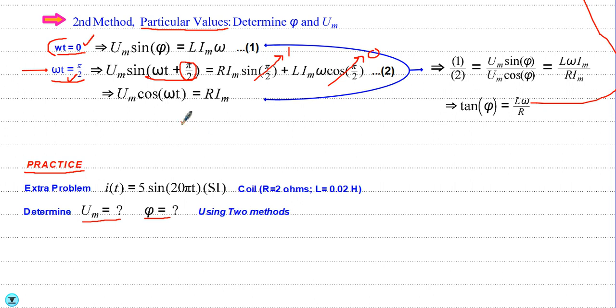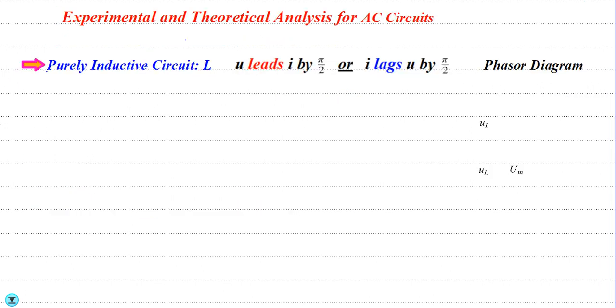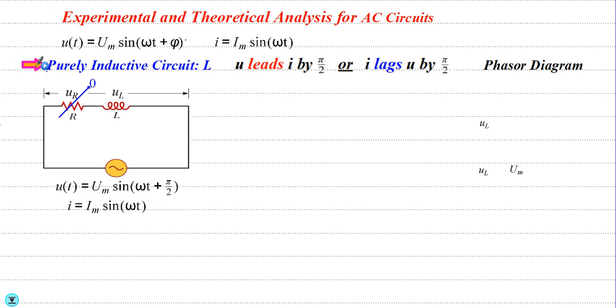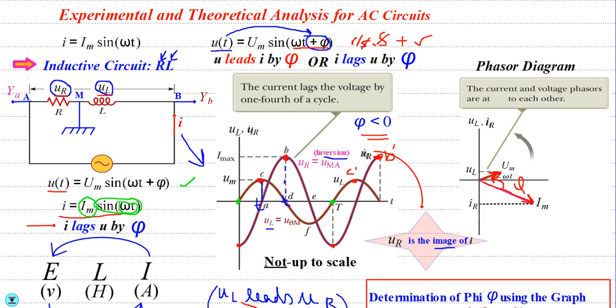But before finalizing our lesson for today, I'm gonna go for a particular case in the RL circuit. What is it? It is when we have a purely inductive circuit. Previously we didn't have a purely inductive circuit; previously we had an inductive RL circuit.